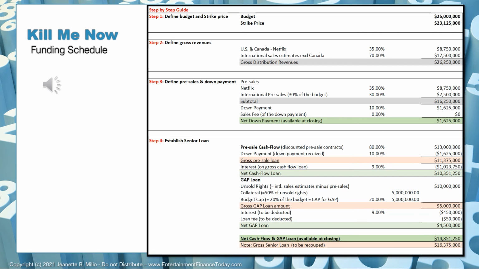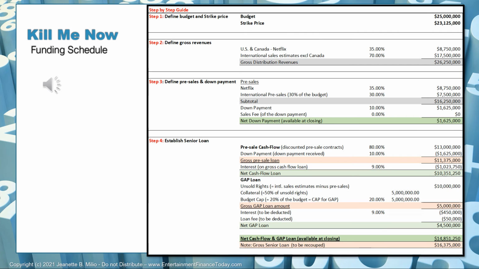So we mentioned earlier that Netflix is going to do a 35% of the budget deal with us for the US and Canada, which is 35% of $25 million in this case, because it's our entire budget. That's $8,750,000. We are assuming that 70% of our budget can be generated through international rights revenues, which would be $17,500,000.